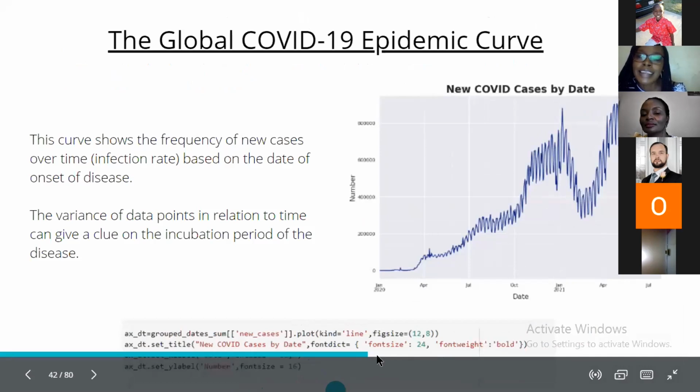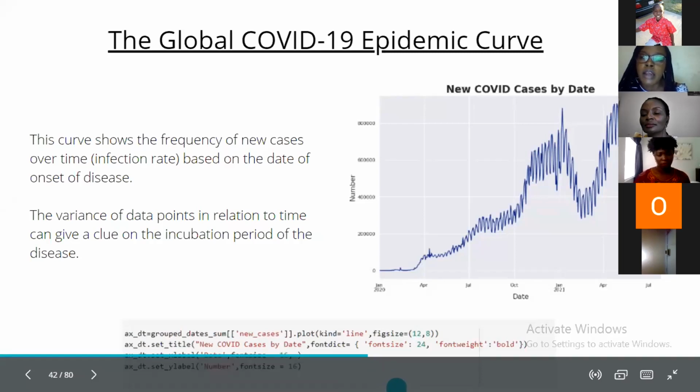With this curve, we can see that between the periods of low cases and then an increase, those gaps are constant. This is an indicator of the incubation period of that disease, and we can estimate it to be 2 weeks as we look at this graph. And that is the official incubation period that was stated for COVID-19.